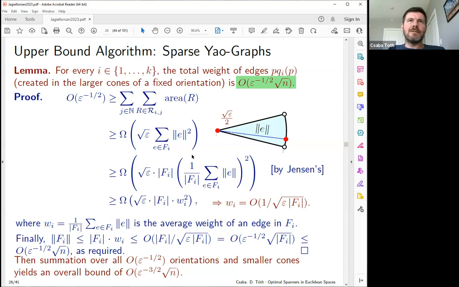In parentheses, this is just the average length of one edge. It was just a simplifying factor. So this was the upper bound proof. Other questions about this?